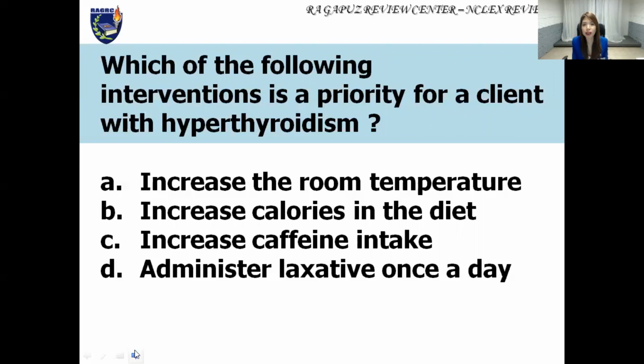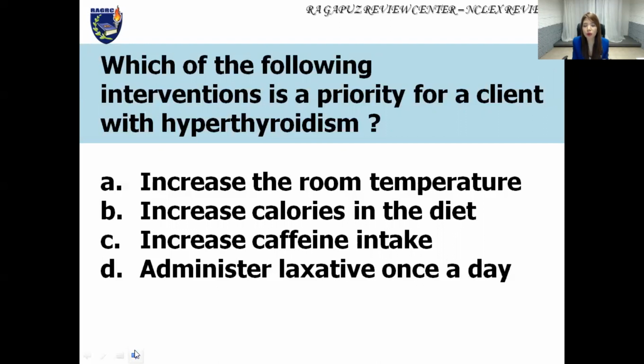So, what did we say a while ago? Your client with hyperthyroidism is presenting a hypermetabolic state. The client might present diaphoresis, so the client is presenting heat intolerance. Letter A, increasing the room temperature, cannot manage the symptoms of the client.